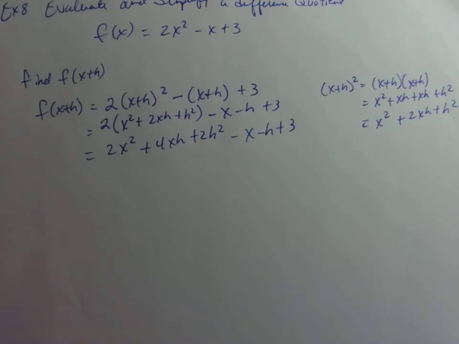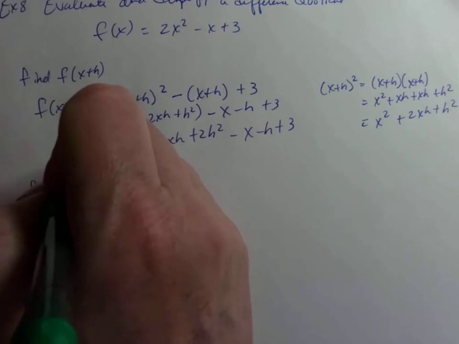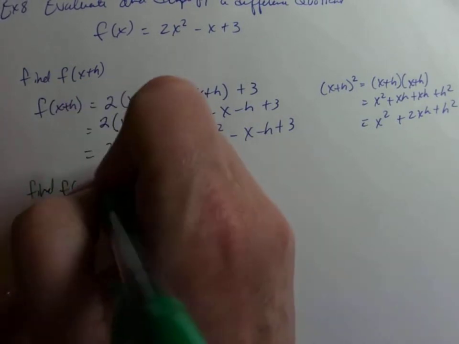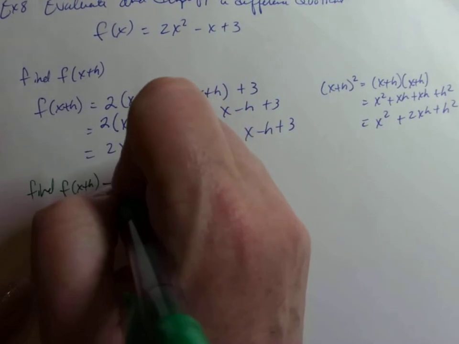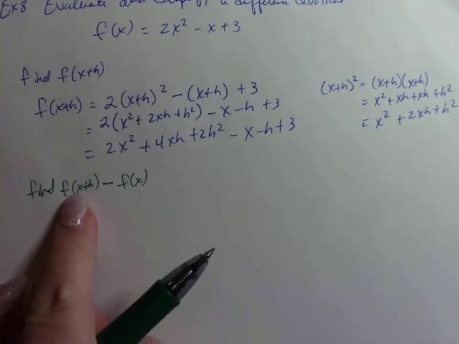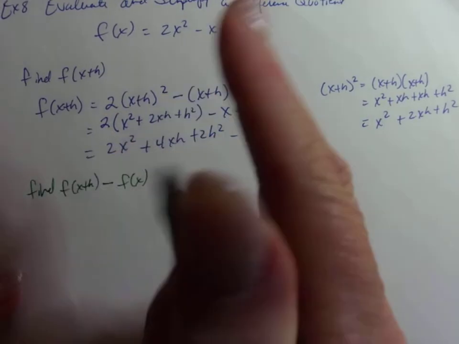Now what we want to do is find f of x plus h minus f of x. Well, we already have this part found, and f of x is the original function.